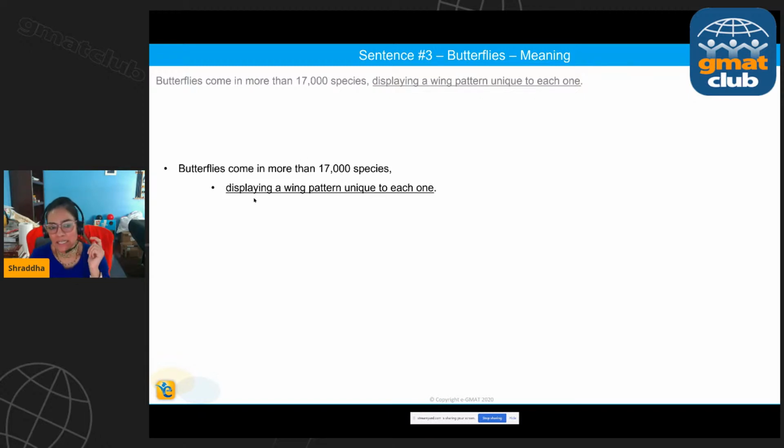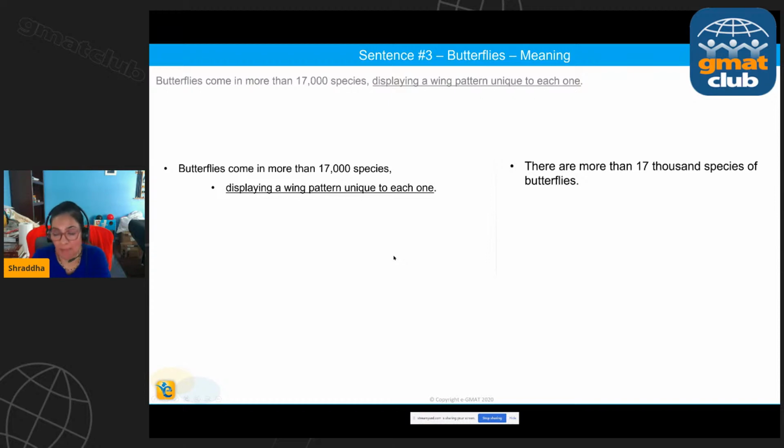Rather, this sentence is saying that because they come in 17,000 species, butterflies display a wing pattern unique to each one. That means every single butterfly has a unique wing pattern. Well, that is not the logical meaning.